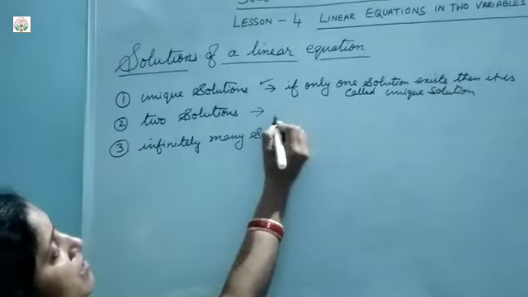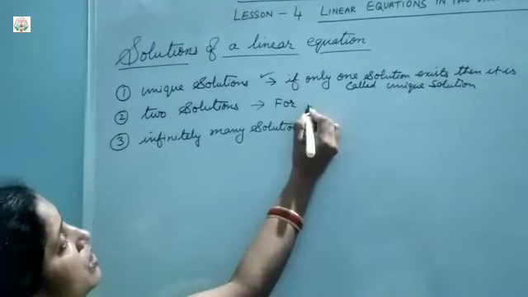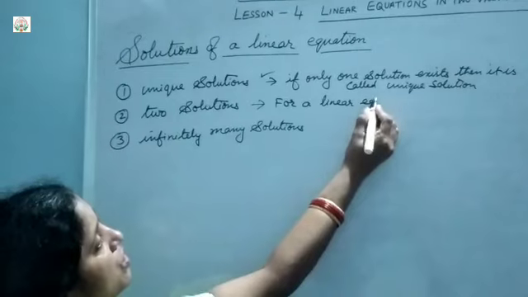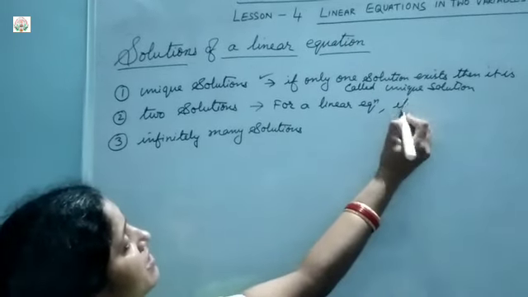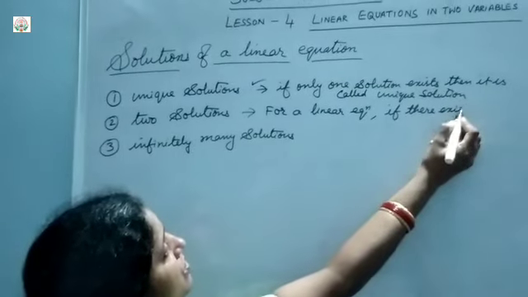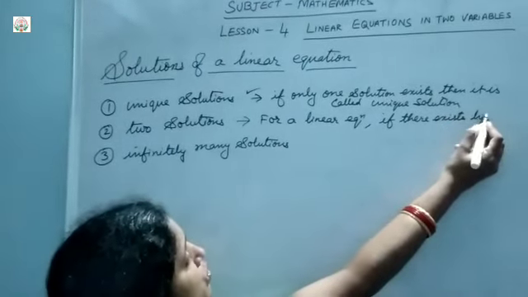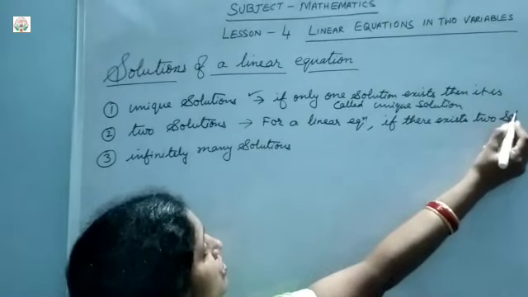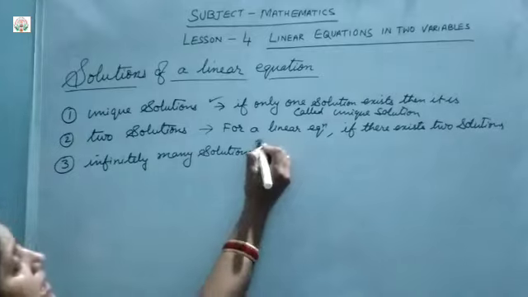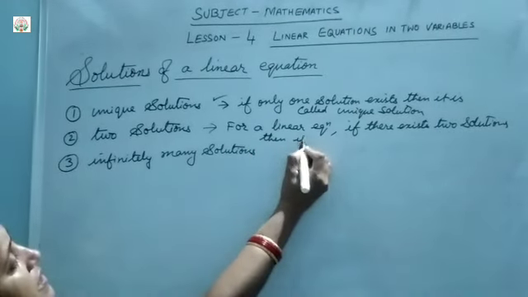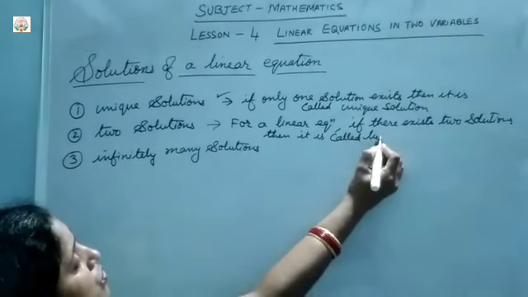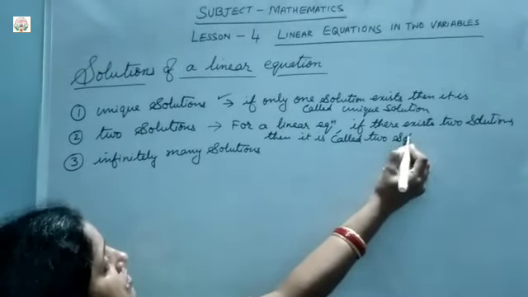That means for a linear equation, if there exist two solutions, then it is called two solutions.